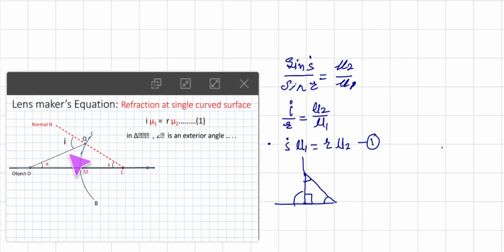So here in this case we can see that angle I is drawn along this line. So the two angles are alpha and gamma.